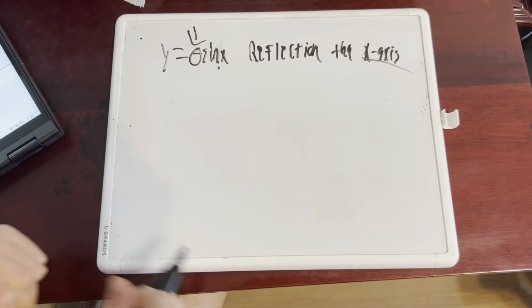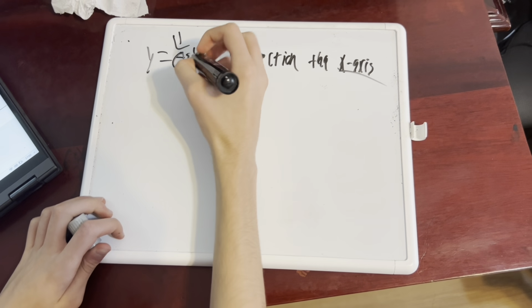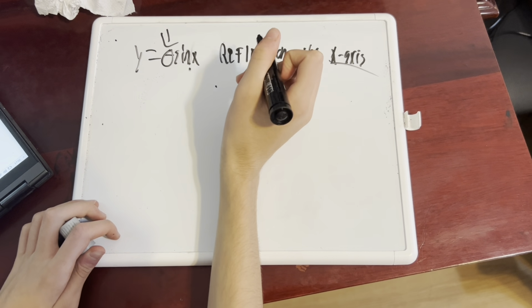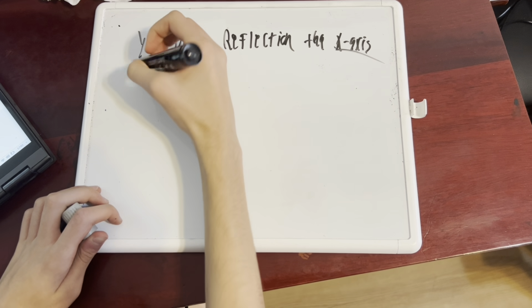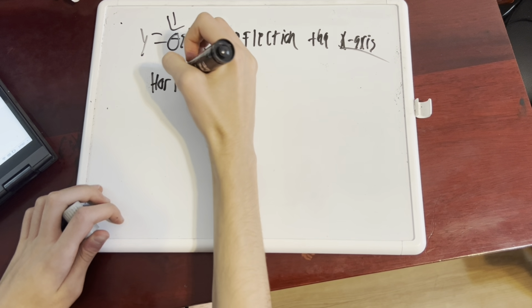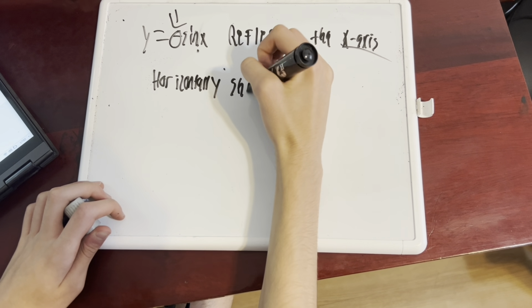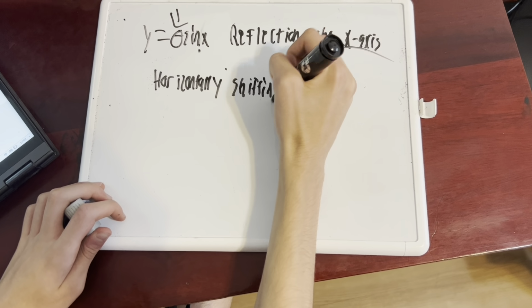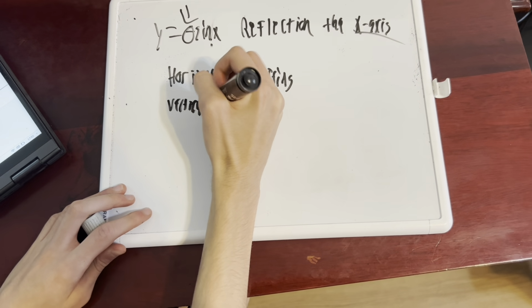But anything can happen. So how would we do this? Everything will be exactly the same, as you know, when there are no transformations. We're not horizontally shifting, or vertically shifting.